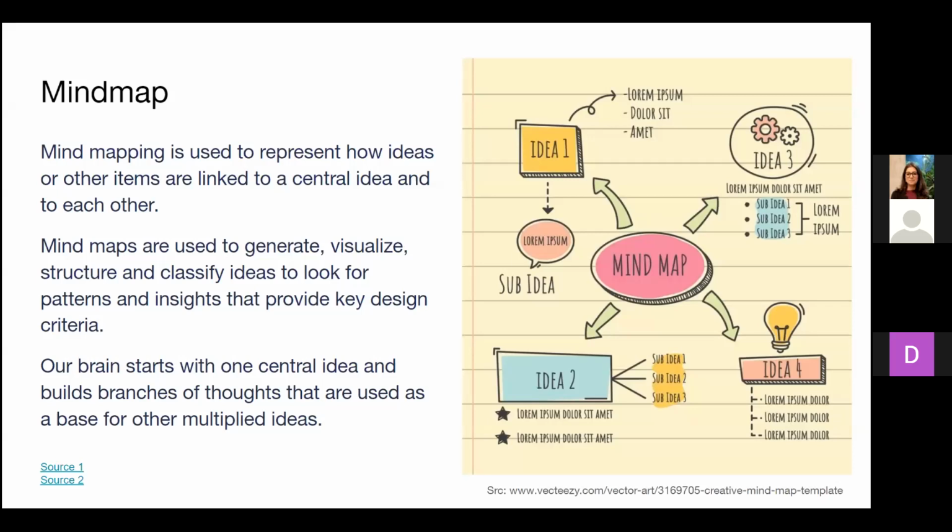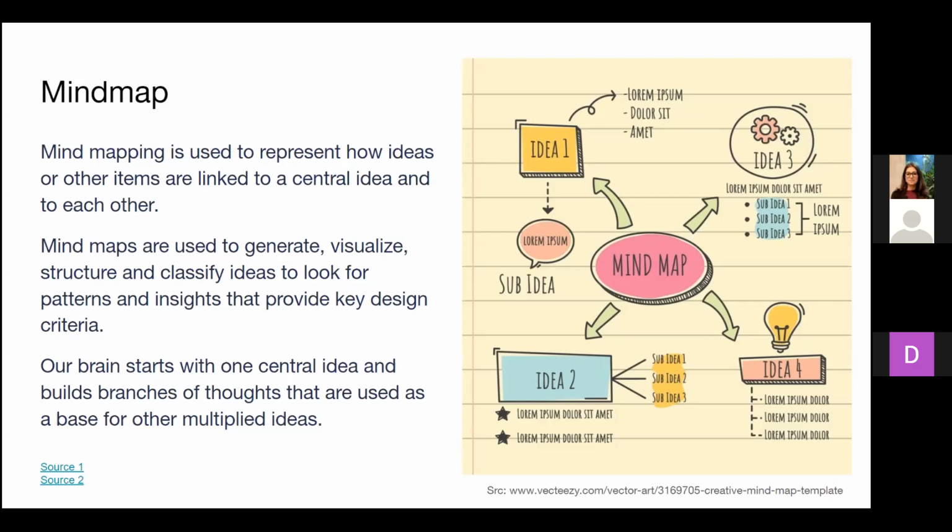It is used to generate visual structures and classify ideas in order to look for patterns and themes. As you can see, we map out ideas and then we cluster them into subtopics. This way we are able to see the levels through which the ideas move, and hence we're able to figure out themes and patterns.